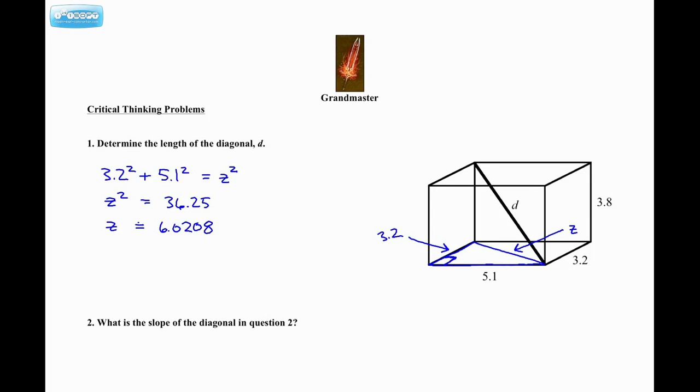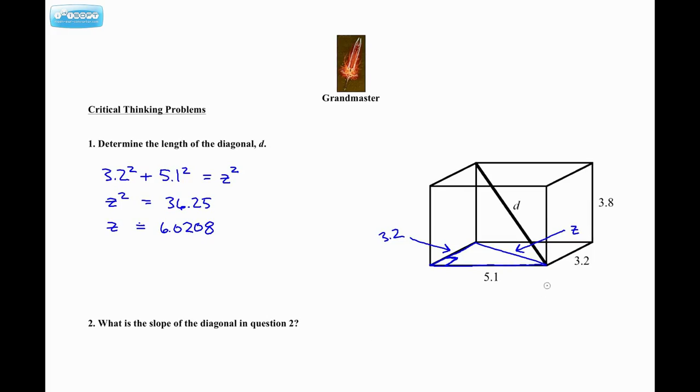Well, what do we do with that? Remember, we're trying to figure out this diagonal D. So I'm going to draw another right triangle, but this one's going to be standing up. The height is going to go up here, and this is going to be the hypotenuse. And this is 90 degrees.